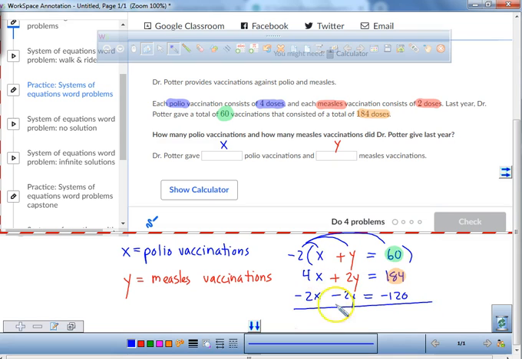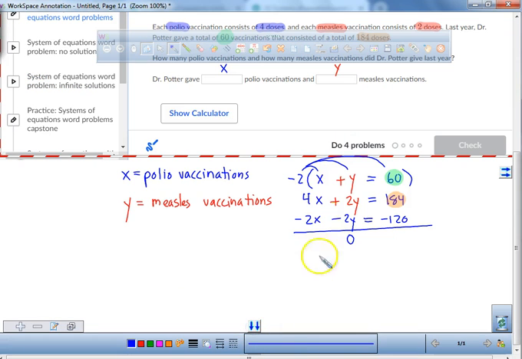Okay, and when I add these together, look what happens to all of my y's. They zero out. 4x minus 2x is 2x. 184 minus 120 is 64, and then I divide both sides by 2, and I get x equals 32.